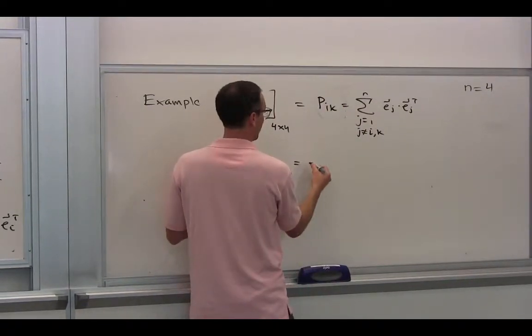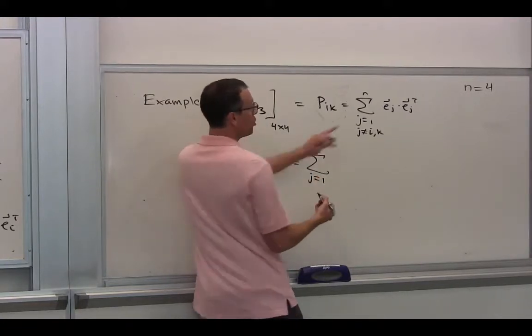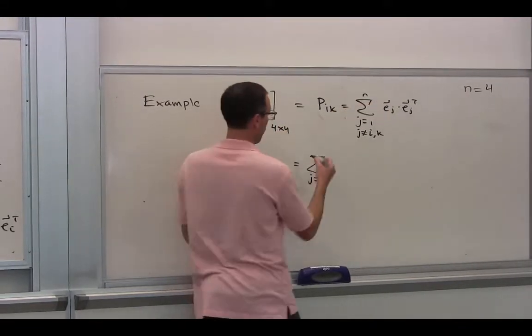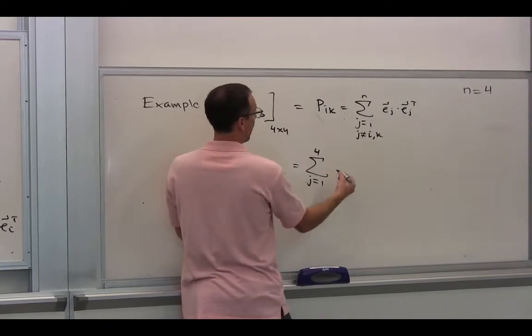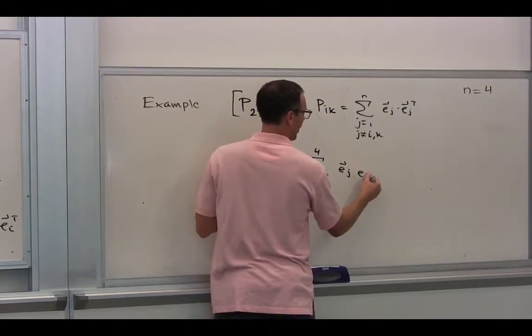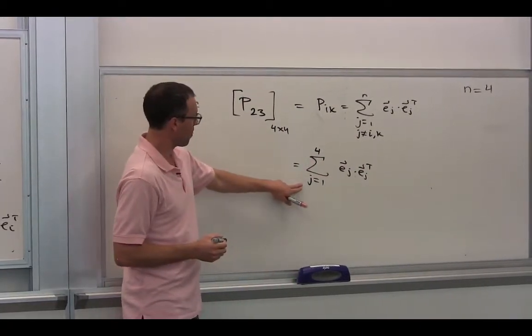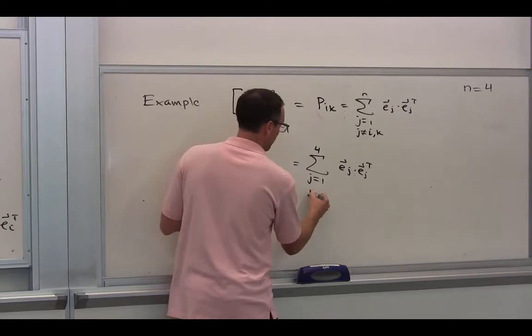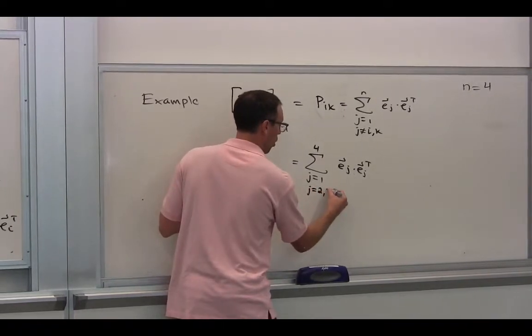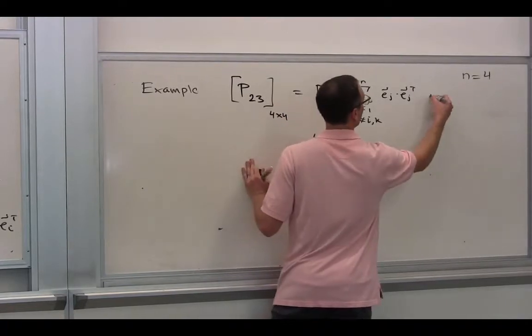Okay, so let's go ahead and take a look at that. This is going to be the sum from j goes from 1 to 4 of e_j e_j transpose, except j is not allowed to be 2 or 3. And then what am I going to do?